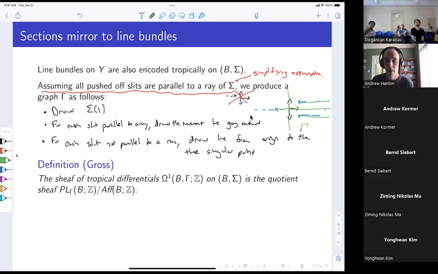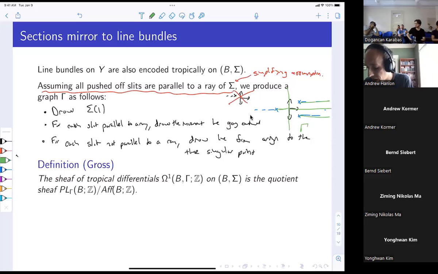Okay, and a definition of Gross, that this is maybe some slightly degenerate setup of it, is that the sheaf of, I'm just going to simplify and call it tropical differentials, but he would call multi-valued piecewise linear functions on this setup, is the quotient sheaf of piecewise linear functions with respect to this graph gamma by affine functions.